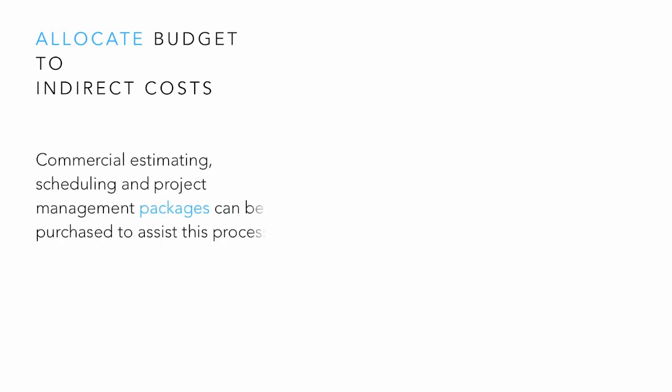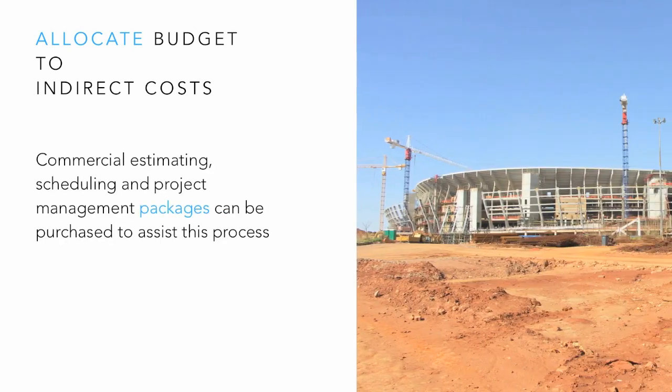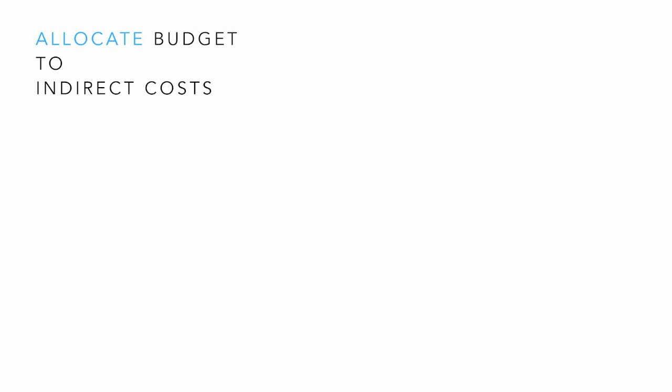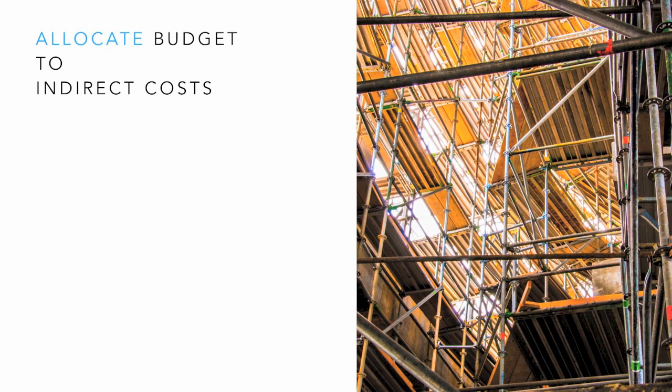Commercial estimating, scheduling and project management packages can be purchased to assist in this process. But it is important, regardless of whether using these packages or using spreadsheets or databases, that you firstly, set up how you intend to undertake the works and have a system that is compatible with this setup.